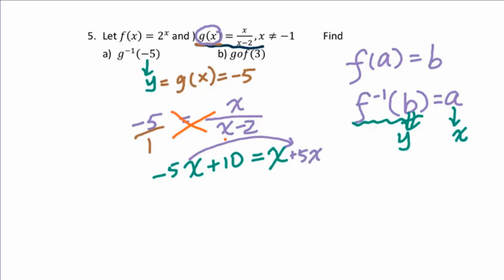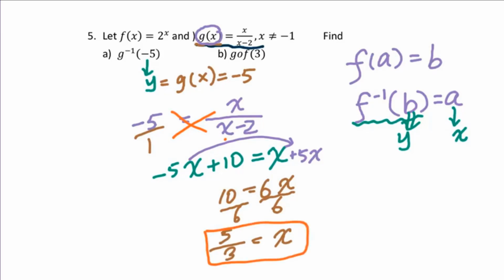You will get 10 equals 6x. Then divide by 6. You got x equals 5 over 3. That means inverse g of negative 5 equals 5 over 3. Therefore, when you're working on inverse f of b, you just plug b into y, then solve for x.